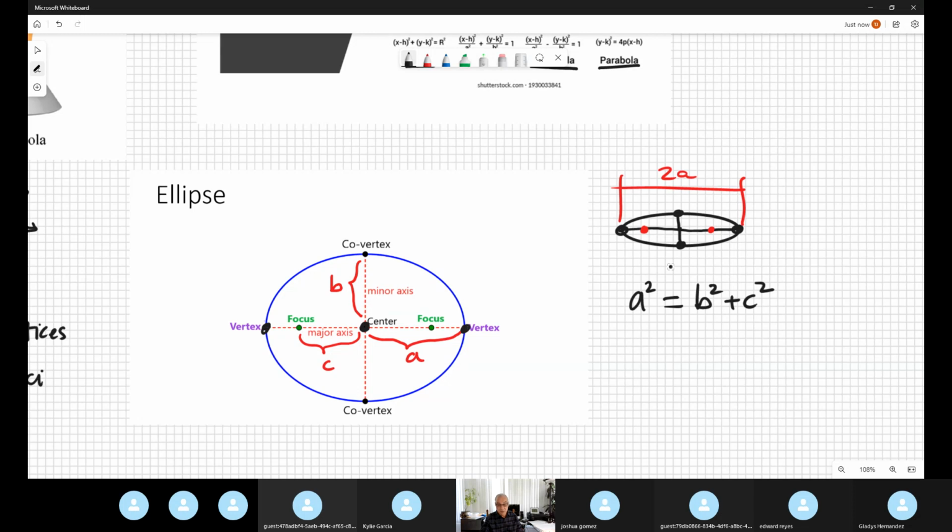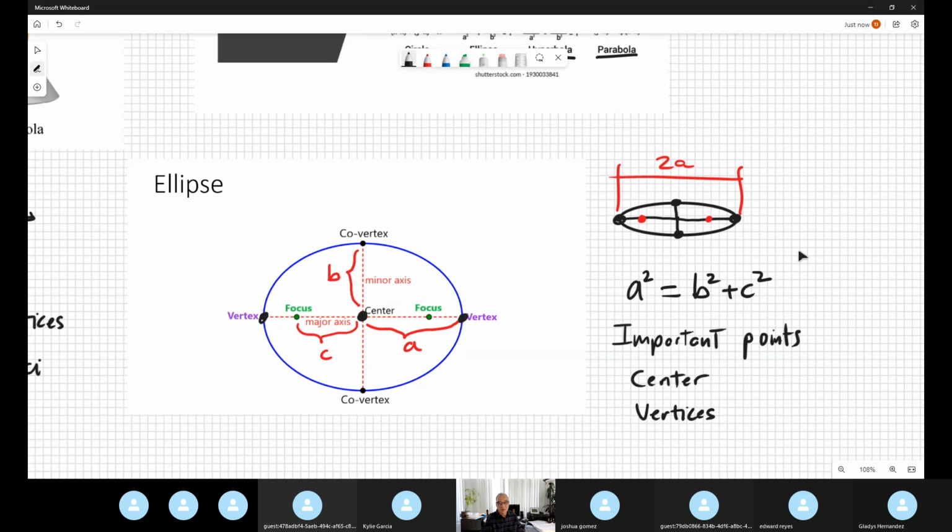Point is center. Let me copy. Important points. Center. Vertex, two. Call vertex, but I don't like this word.